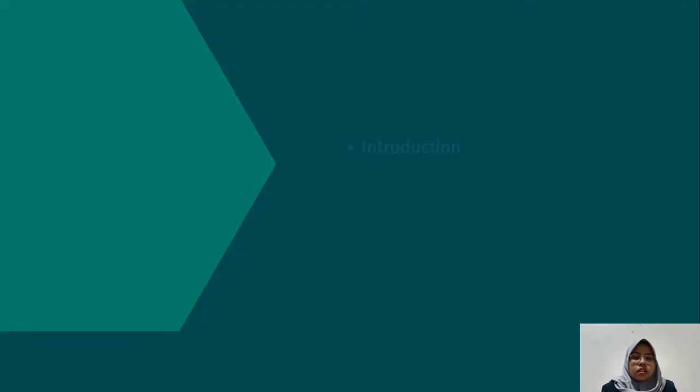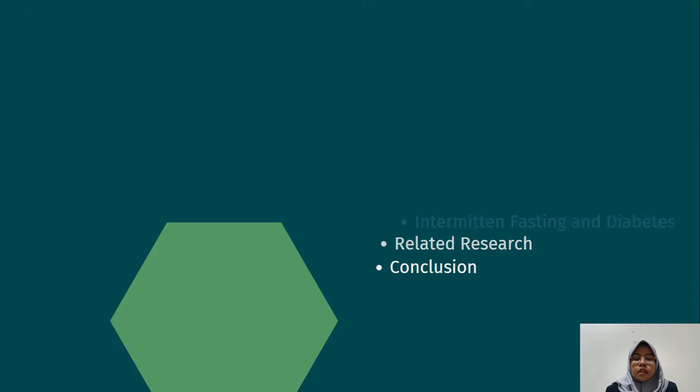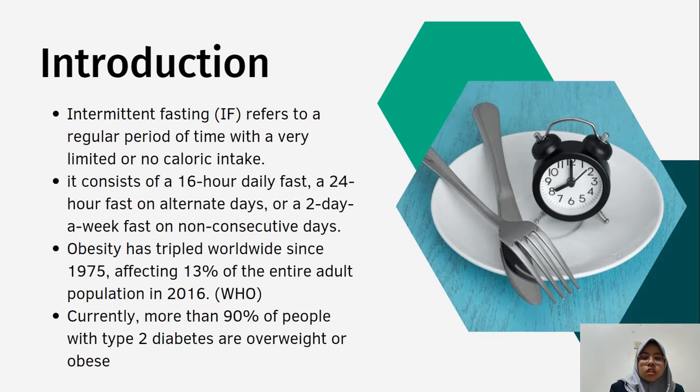The content that I will share is, the first is introduction, second is intermittent fasting in general, third is intermittent fasting and obesity, fourth is intermittent fasting and diabetes, then related research about intermittent fasting, and the last is conclusion. First, we will explain about the introduction.